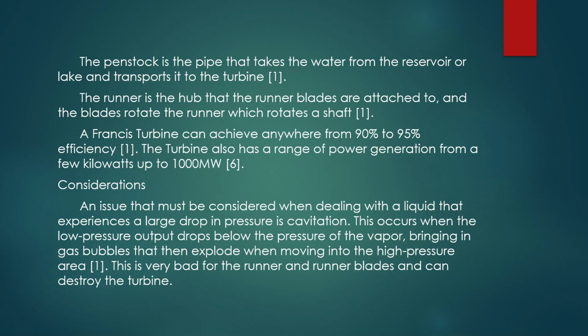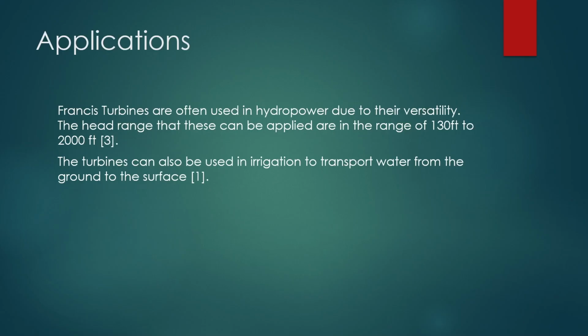Probably should have looked that up real quick, but it basically drops below that pressure and it turns into a vapor at that point because it's at that temperature and pressure where it can be a vapor. You just have to consult the table and see what that would be, which then causes vapor air bubbles to go back up through the system, meet with the area of high pressure, and explode, which can damage the runner and the runner blades and overall just destroy the turbine. So it's a big concern that you have to consider.